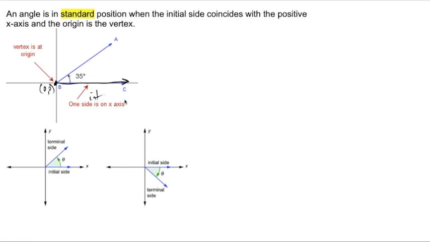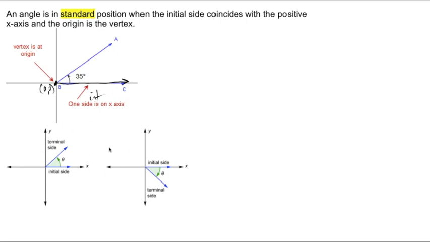That is our initial ray. Using that system, we can quickly understand our angles and how they rotate. Are they positive? Are they negative? How far have they rotated? And it's all dealing with that positive x-axis as our initial.